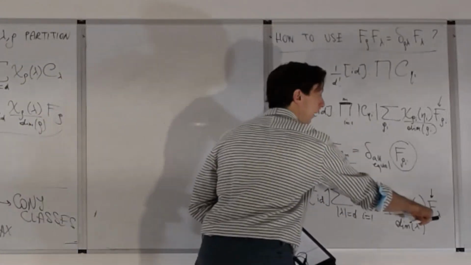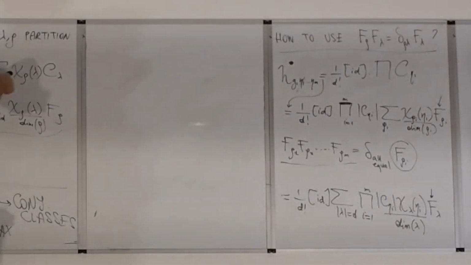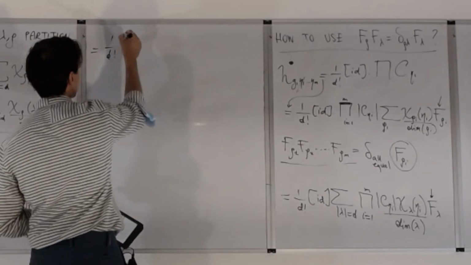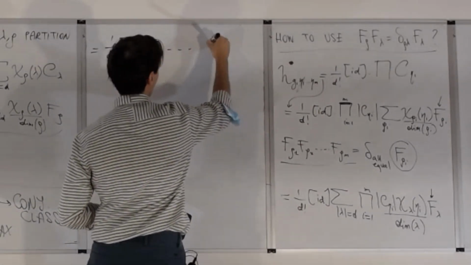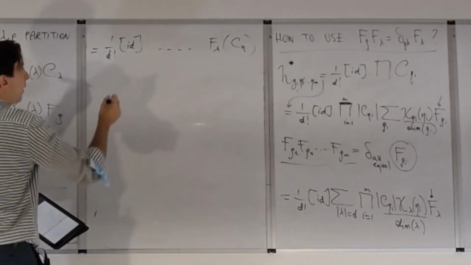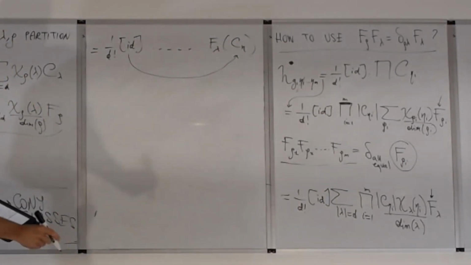But now you still have one. So what you do is you substitute back f equal to something in the c's. And so it's 1 over d factorial, and then it's the same thing. And now you express f in terms of the c again.